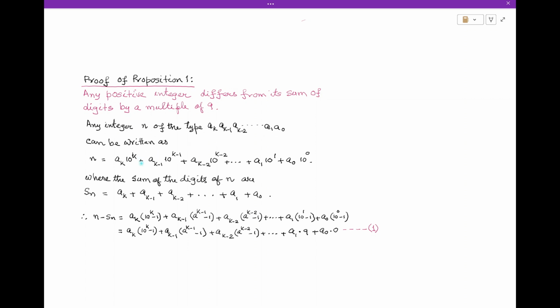And this can be written as n is equal to a_k multiplied by 10 to the power of k plus a_(k-1) multiplied by 10 to the power of k minus 1, and so on and so forth until a_1 times 10 to the power of 1 plus a_0 times 10 to the power of 0, where the sum of the digits of n, let us call it S_n, is equal to a_k plus a_(k-1) plus a_(k-2) plus dot dot dot plus a_1 plus a_0.